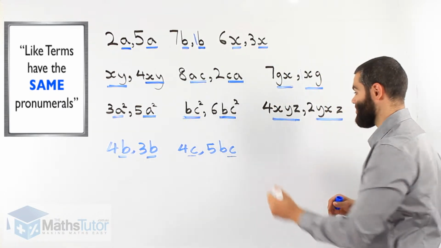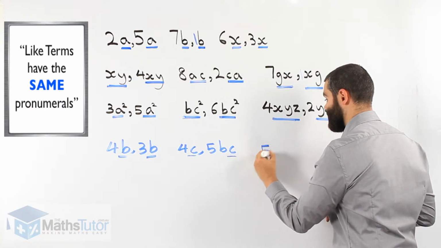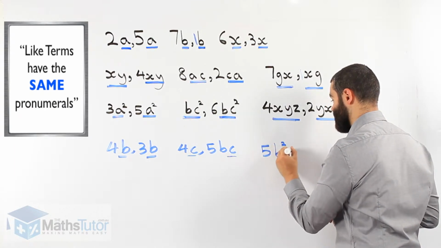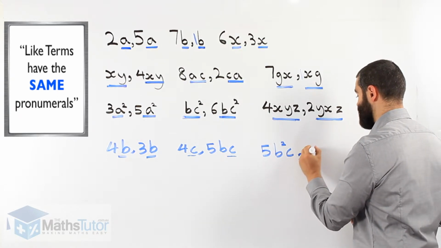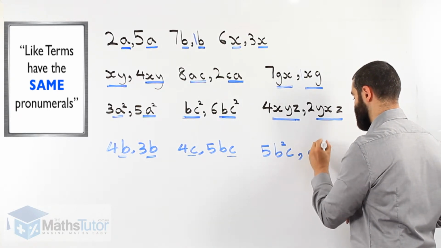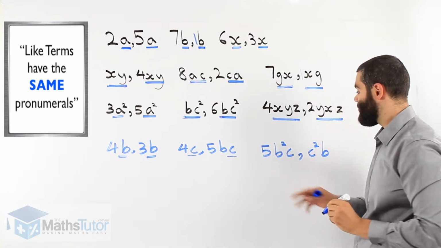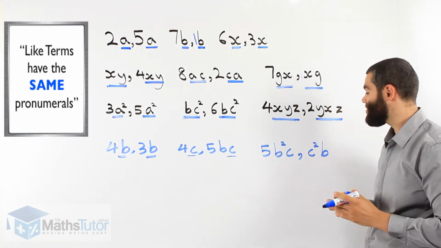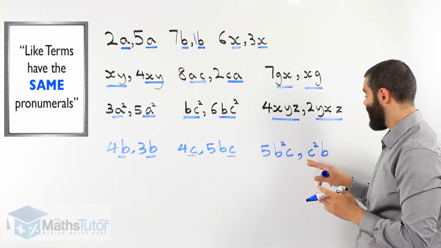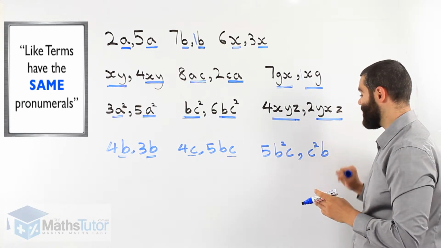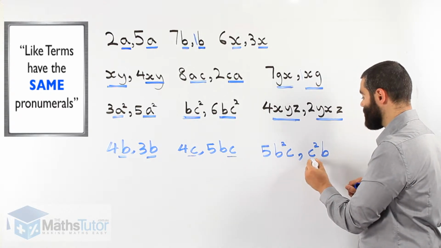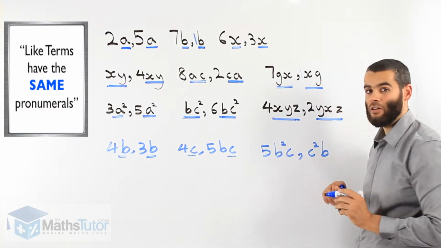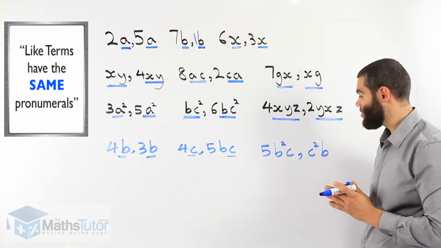What about this one here? 5B squared C and C squared B. So we have a term here, 5B squared C, another term, C squared B. Well, are they like terms?